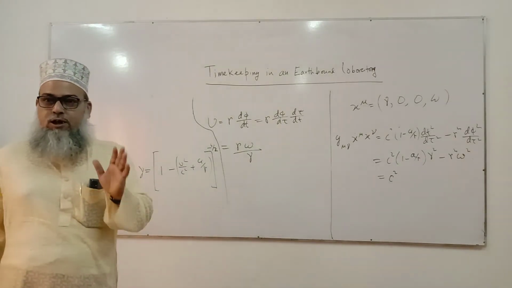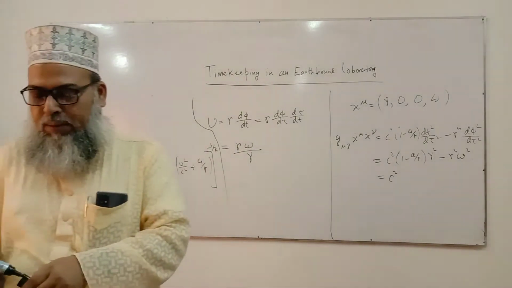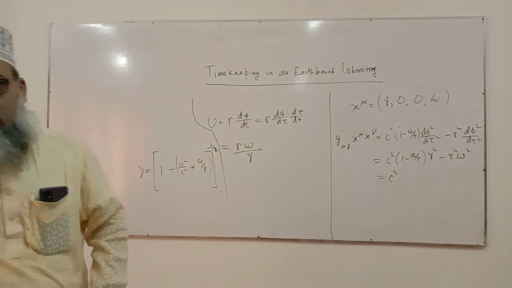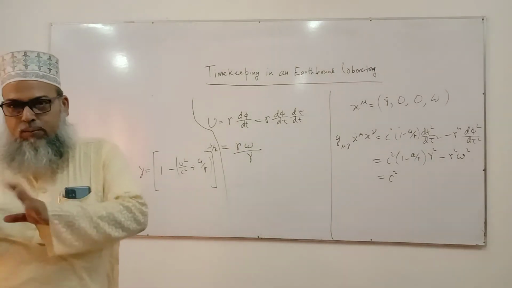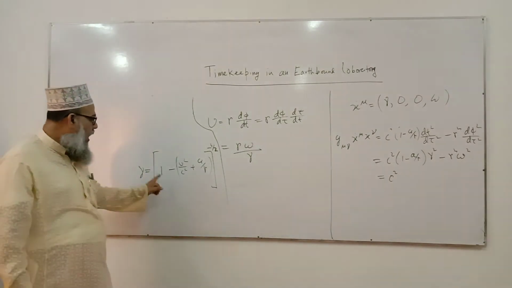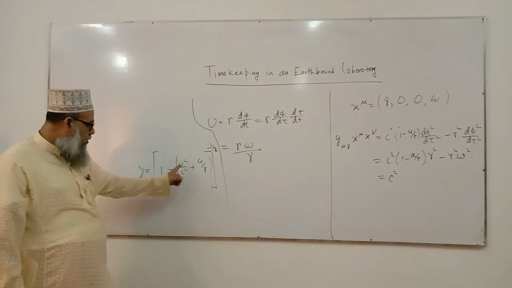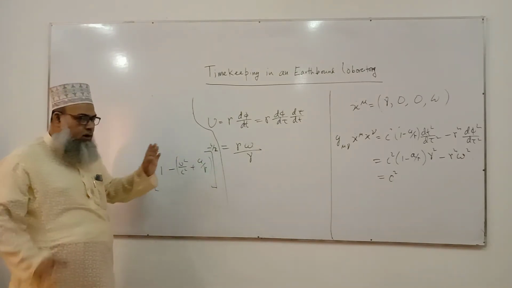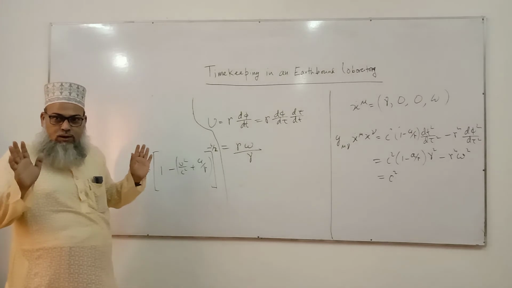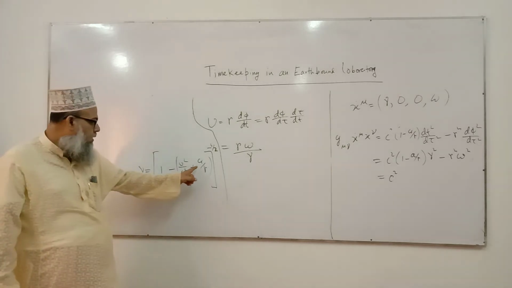We know that in special relativity, γ is given by 1 over the square root of 1 minus v squared by c squared. But now there is an additional term, a by r.